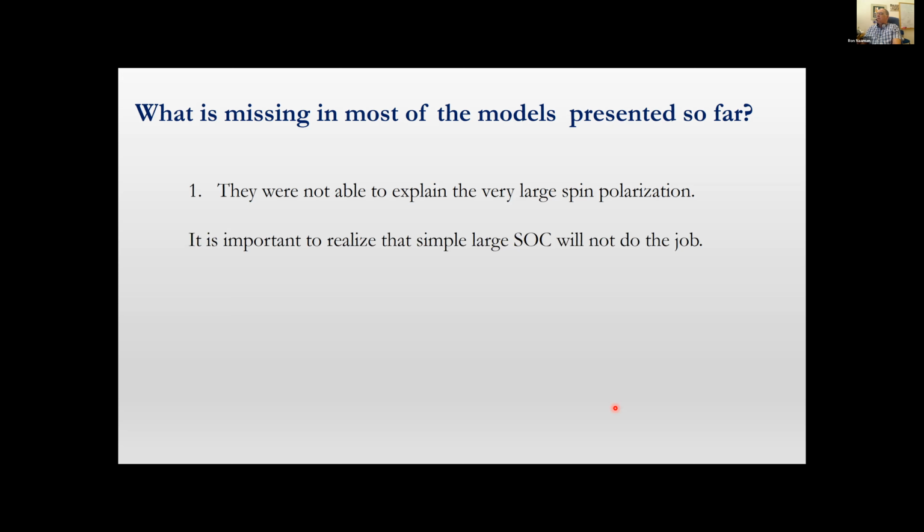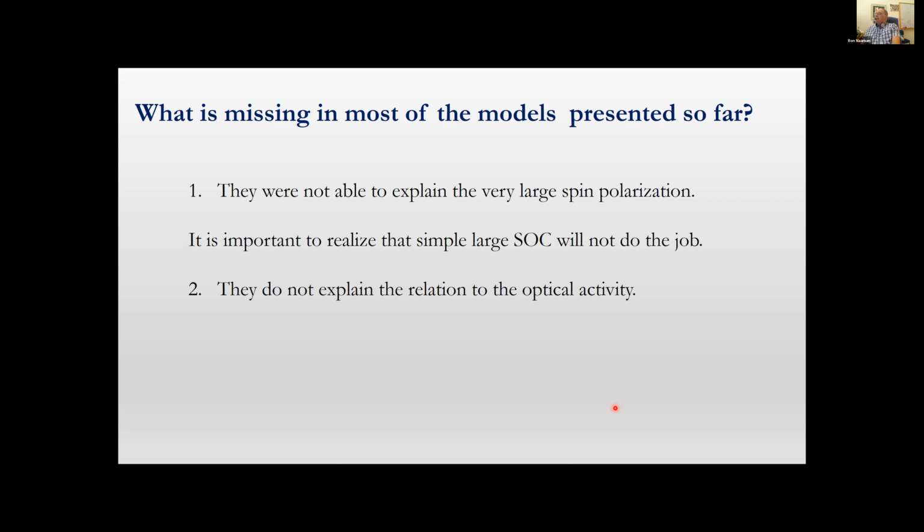The typical number used in the calculation is around 5 milli-electron volt. 5 milli-electron volt typically gives a spin polarization of a few percent, 6-7% maximum, while if we take very high spin-orbit coupling, then we face another problem: the spin is not a good quantum number anymore, and actually we lose spin polarization altogether. So spin-orbit coupling by itself is not the solution to the problem.